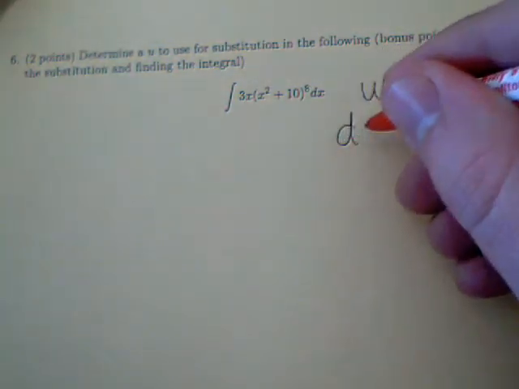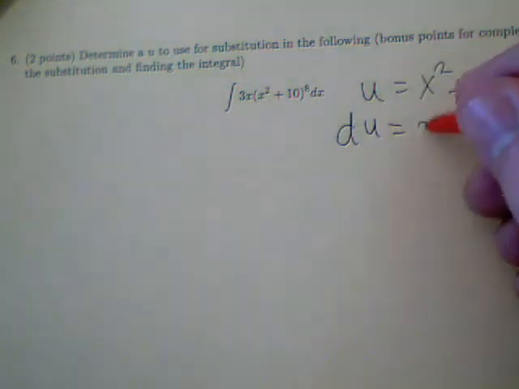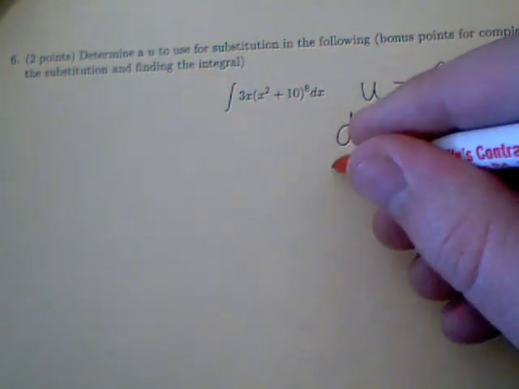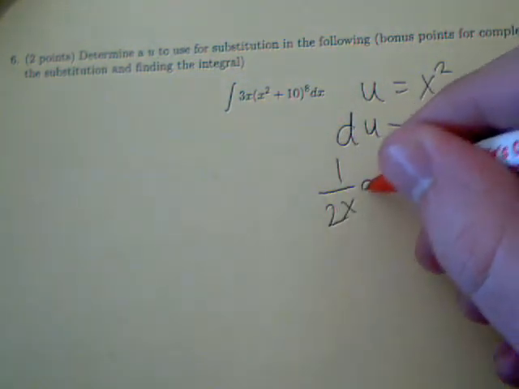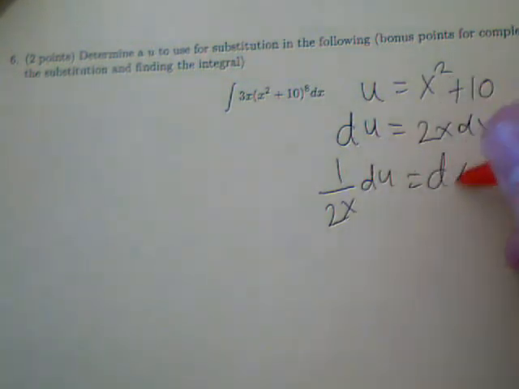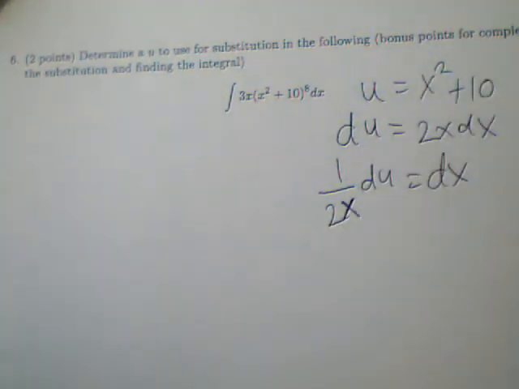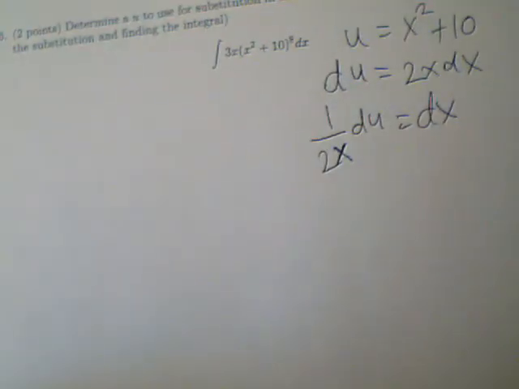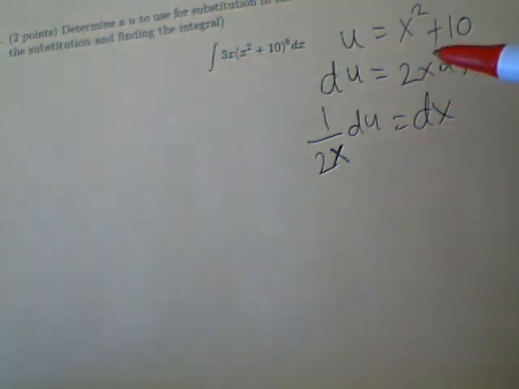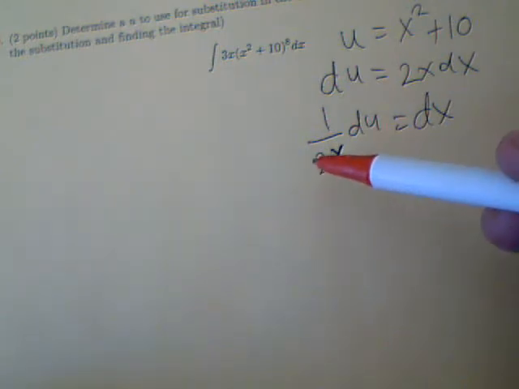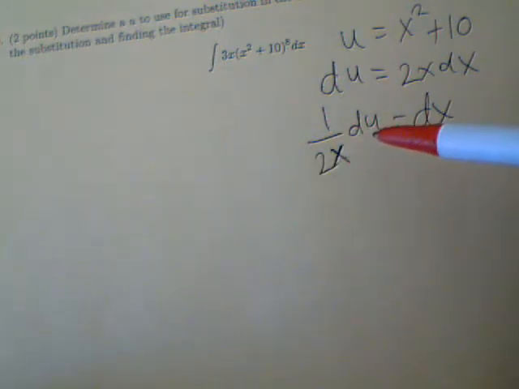If I were to complete this u substitution, you get something like this. So u is x squared plus 10. Derivative of that, move some stuff around. You get 1 over 2x du is dx.